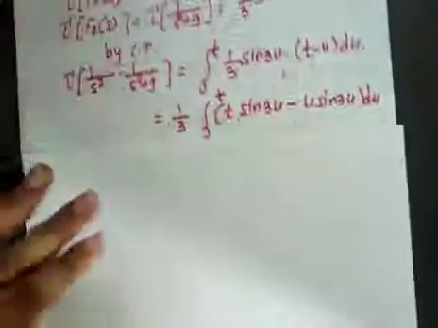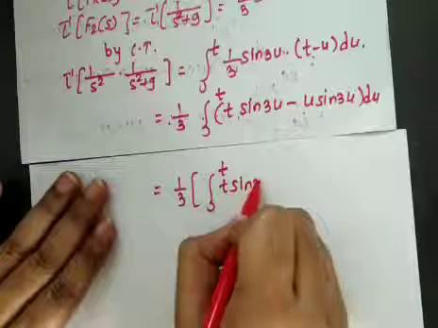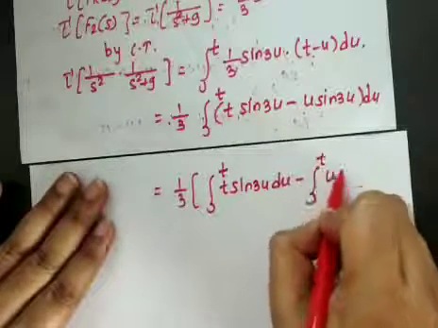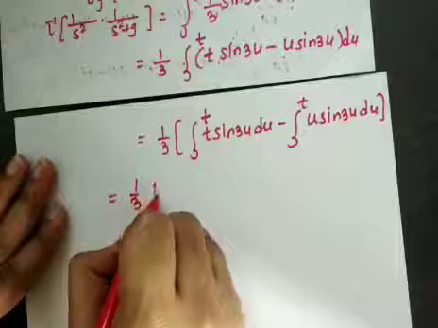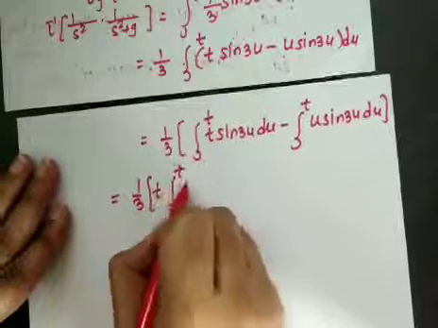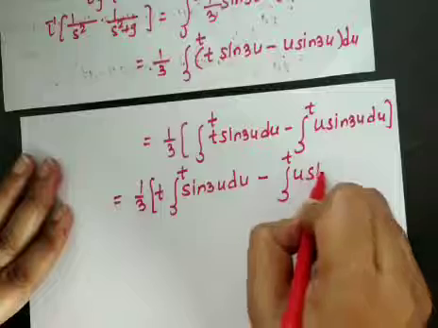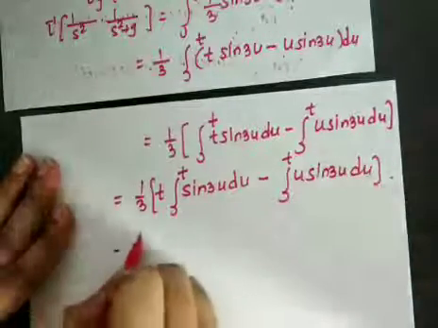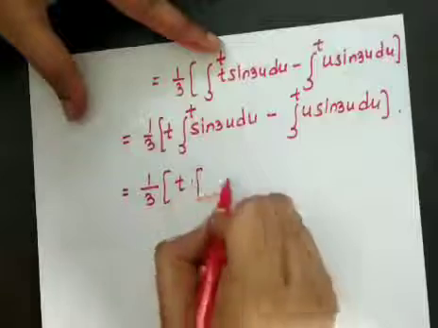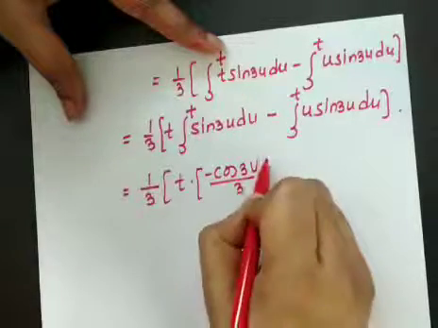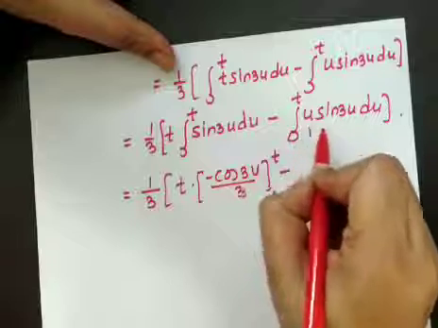This part will get separated in the integration, that is 1 upon 3 integration 0 to t sin 3u du, minus integration u sin 3u du. That is 1 by 3 t constant outside, integration 0 to t sin 3u du, minus, this is as it is, integration 0 to t u sin 3u du. 1 by 3 t integration of sine, that is minus cos 3u upon 3 from 0 to t, minus, here are two functions of u, so we'll use Leibniz rule of integration.